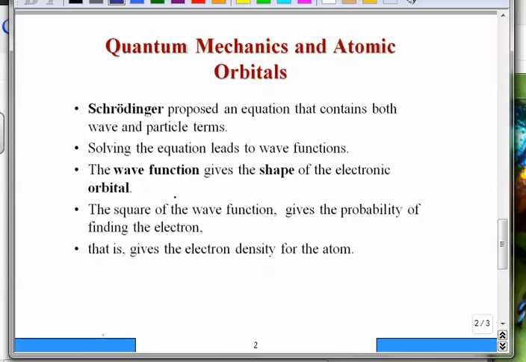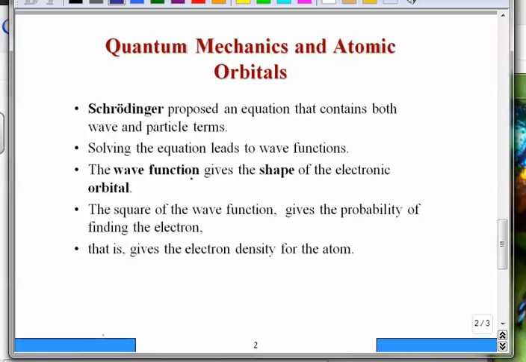But basically, Schrödinger's wave model is based on an equation that contains both wave and particle terms as well as energy terms. Okay? And the important thing about this equation is that it defines the wave parts of these electrons in terms of something we call a wave function.